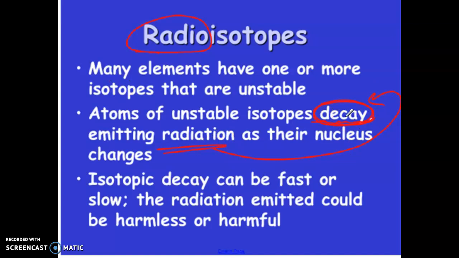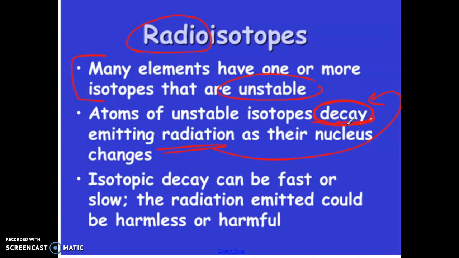So why does it let off this decay? Why does this happen? It's because some isotopes are unstable. An element could have maybe 2 or 3 different isotopes, in some cases even more than that, but you may have only one of those isotopes that is unstable. Because of its instability, it will actually decay and let off energy.